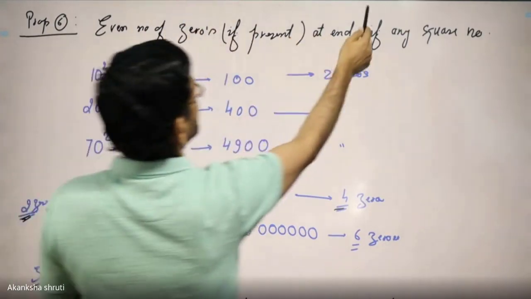Let us go for the seventh property. Students, the seventh property that we have to learn is the difference of squares of two consecutive numbers. So how is that?